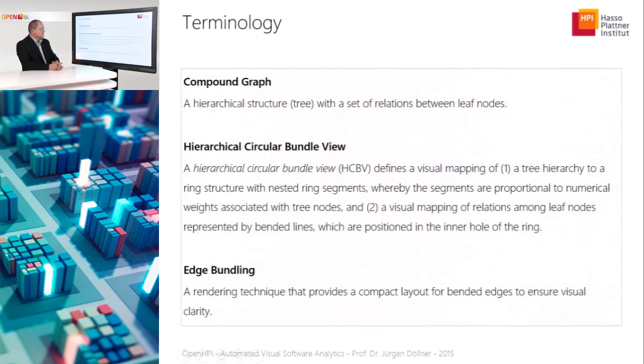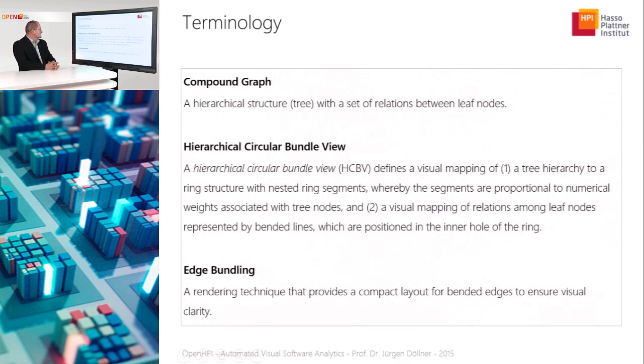Some terminology. Compound graph is one expression that is frequently used in graph theory, for example. It defines a hierarchical structure, such as a tree, with a set of relations between its leaf nodes.